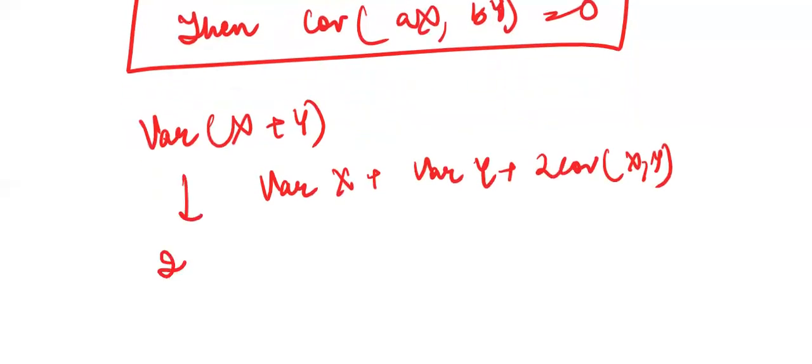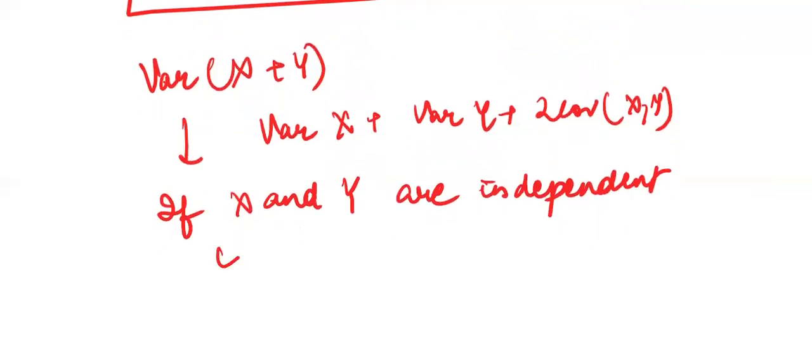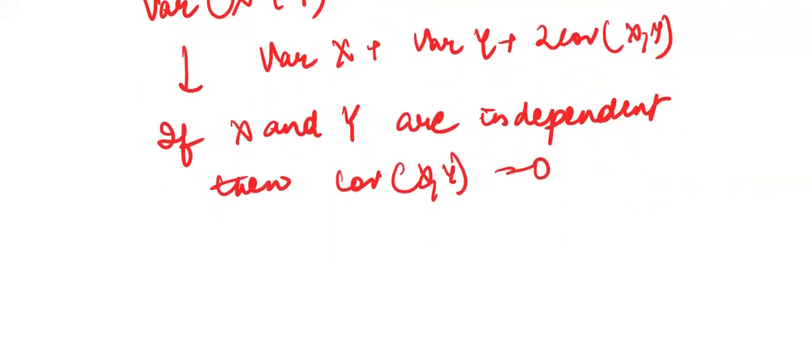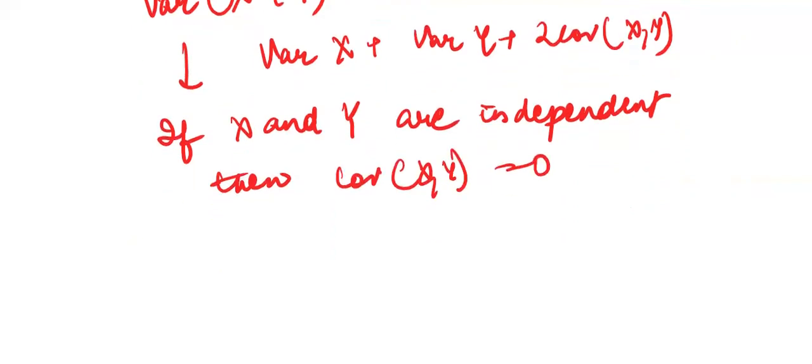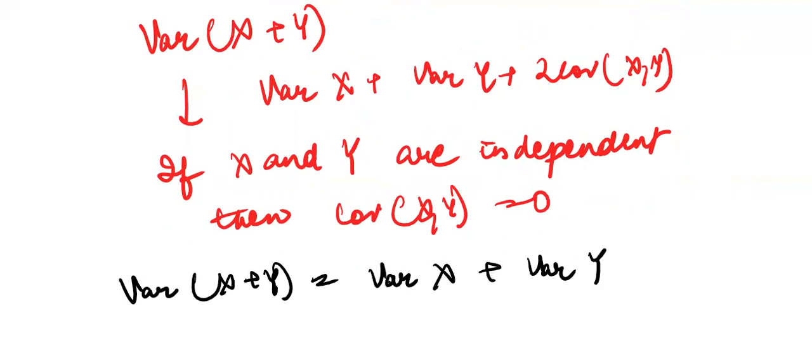But if it is given to you that x and y are independent, then the covariance of x and y is 0. So the variance of x plus y is the variance of x plus the variance of y.